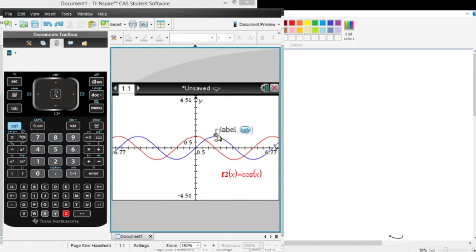F itself is not negative, but the slope of f is negative. When cosine of x is negative, like from here to here, the slope of sine of x is negative, even though it's positive right here. Even though the value is positive, the slope is negative when cosine of x is negative.